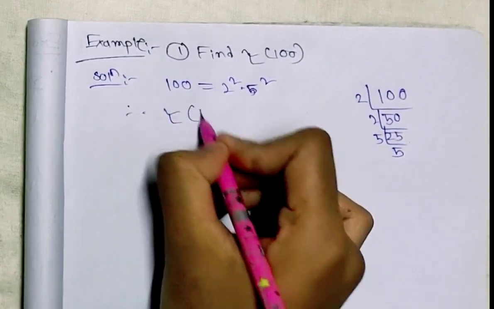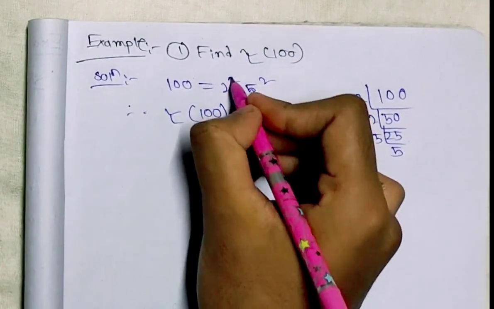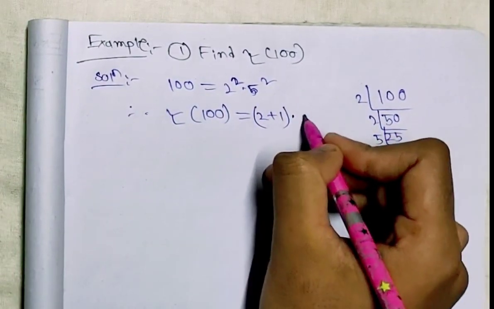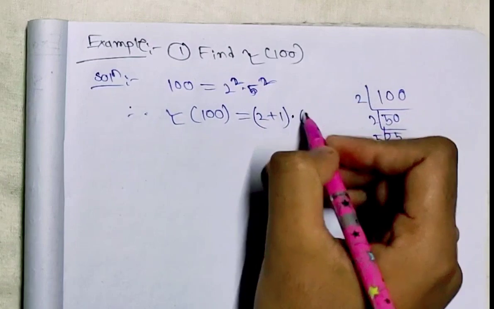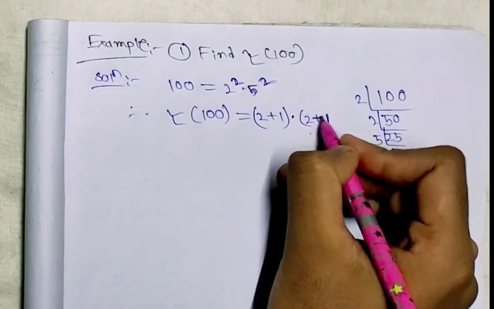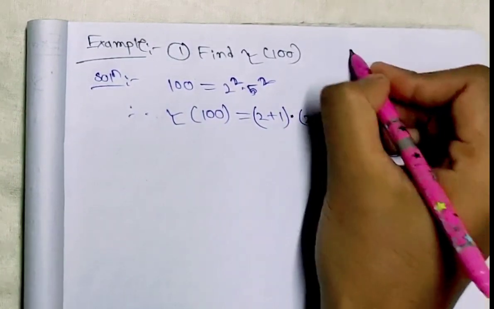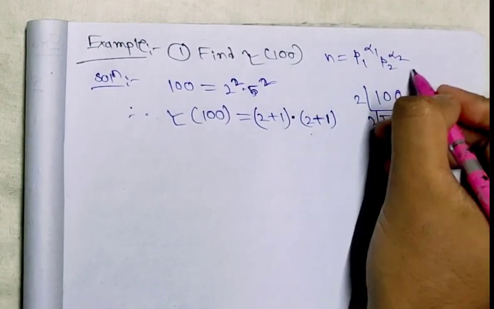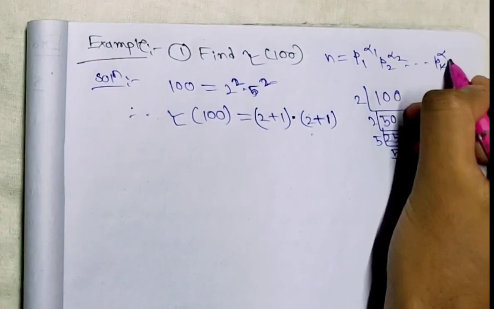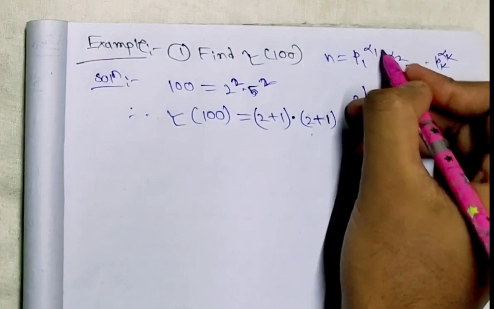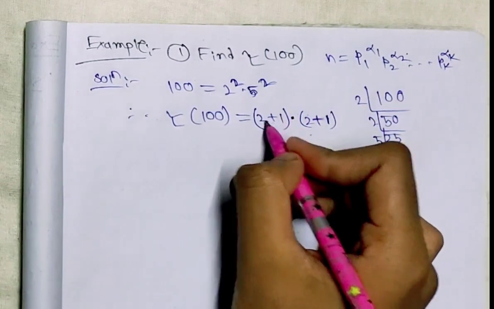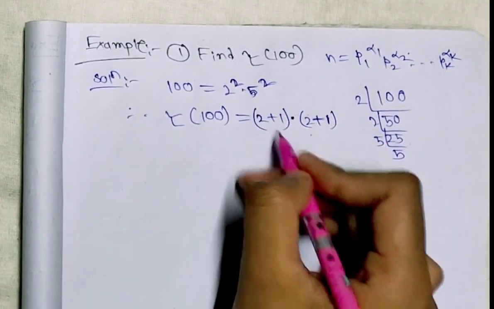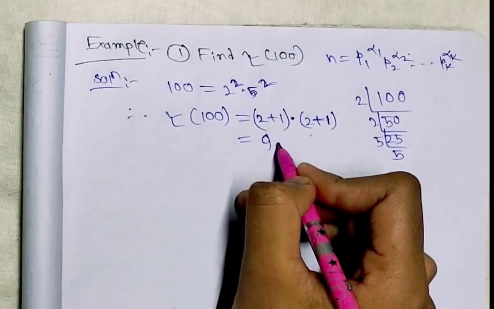Therefore tau of 100 equals जस्ट पावर में जो है उसके साथ 1 प्लस हो जाएगा इंटू इसका भी पावर में जो है उसके साथ 1 ऐड हो जाएगा, एंड दोनों का मल्टीप्लिकेशन, जो कि p1 to the power alpha 1, p2 to the power alpha 2, dot, pk to the power alpha k ऐसे था. सो alpha 1 plus 1 into alpha 2 plus 1 ऐसे होता था. So tau of 100 equals 2 plus 1 into 2 plus 1, that is equal to 9. So tau of 100 equals 9.